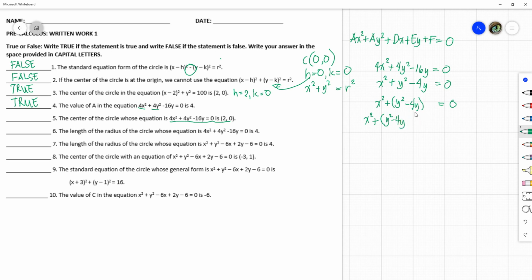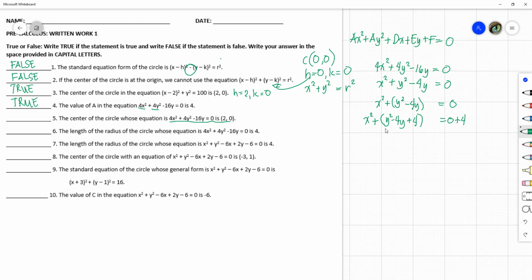To make it a perfect square trinomial, we get half of the numerical coefficient of y. So 1/2 of negative 4 is negative 2, and then square it. So negative 2 times negative 2 equals positive 4. Whatever you add on your left side would be added to your right side, so we have plus 4.